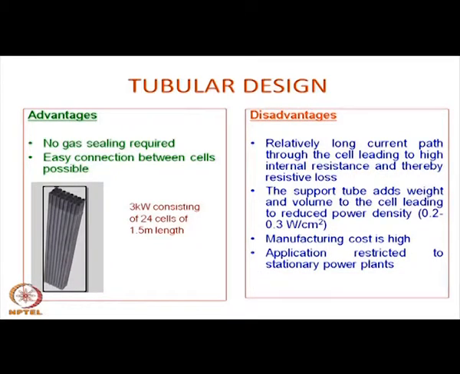So, the application is restricted to stationary power plants primarily, because this particular technology has been designed only for stationary power units, auxiliary power units, or captive power units like that. So, that is maybe one of the limitations, but one can build much larger capacity power plants.